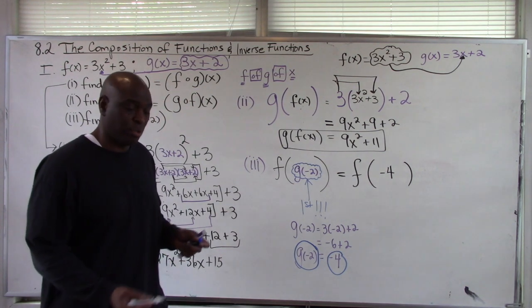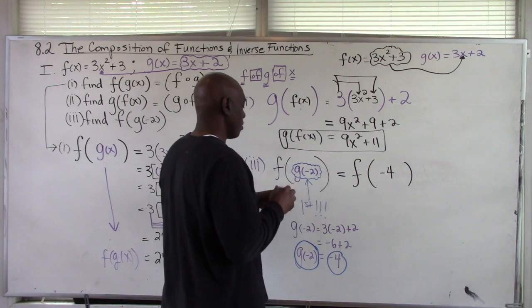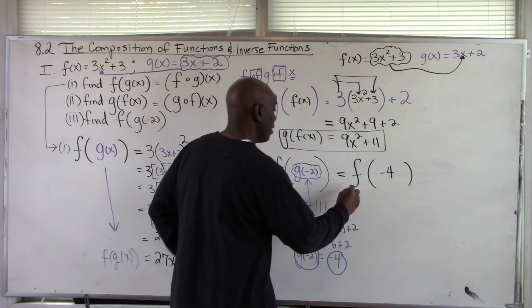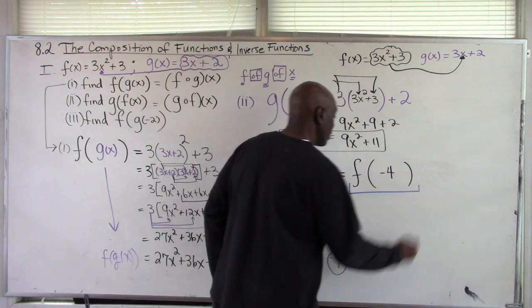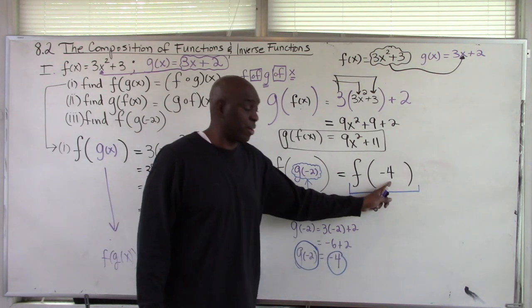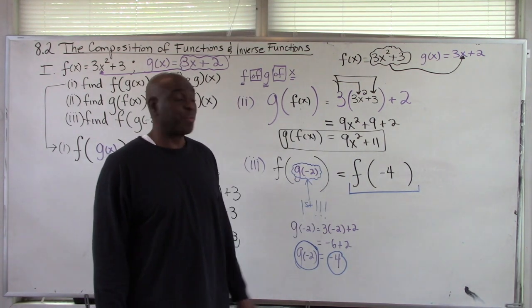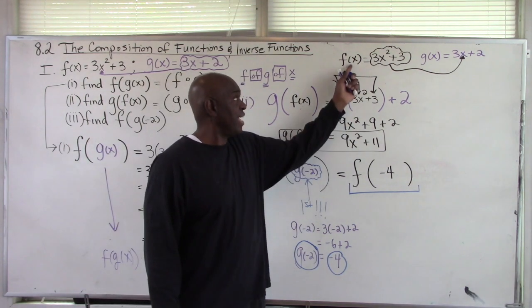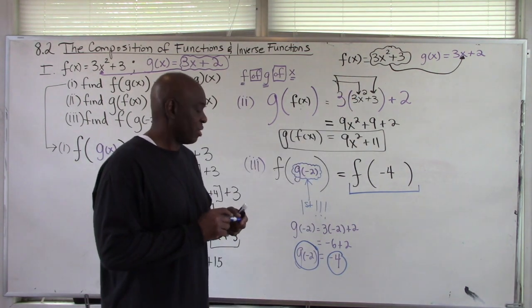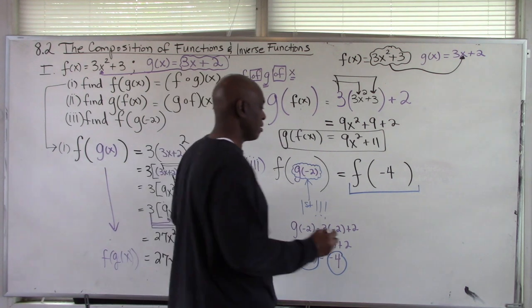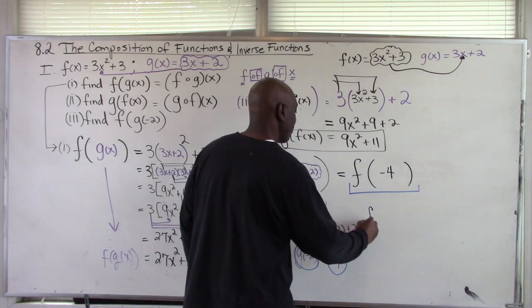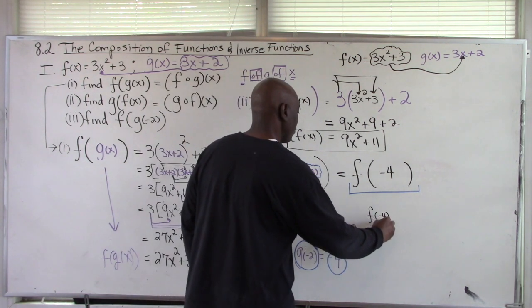And so now, go ahead and do this one. So now put negative 4 inside of what? F. Put negative 4 inside of F. So what is that going to give me? So what is F of negative 4?